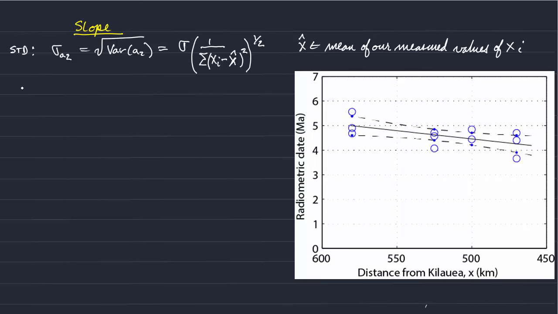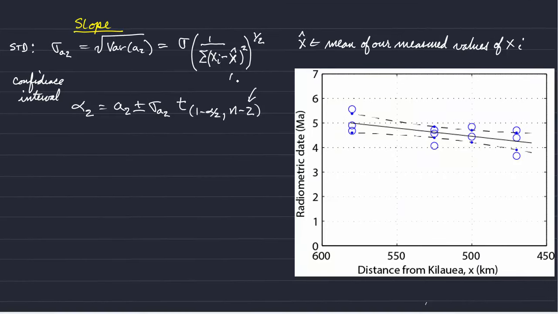And therefore the confidence interval is given as, so alpha 2 is somewhere in the range. Well, it's centered near our best estimate for alpha 2, plus and minus our standard deviation of our estimate of our model slope, times t, our t statistic for 1 minus half our significance level, and our number of degrees of freedom are n minus 2.